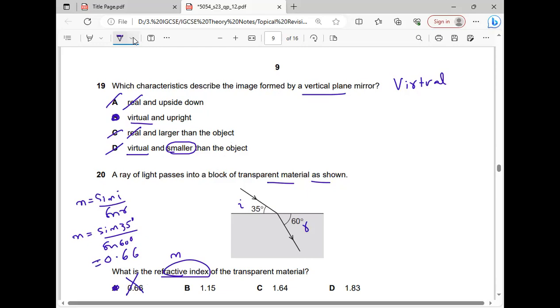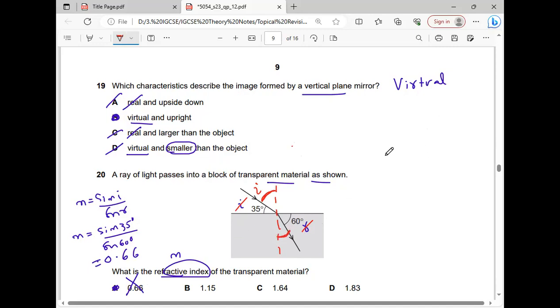Why? What is the reason? Because this cannot be the angle of incidence, this cannot be the angle of refraction. What we have to do, we have to draw the normal, and now this will be the angle of incidence and this will be the angle of refraction.